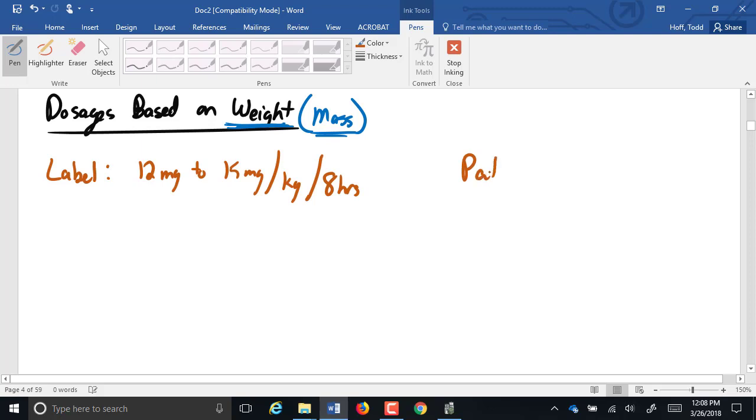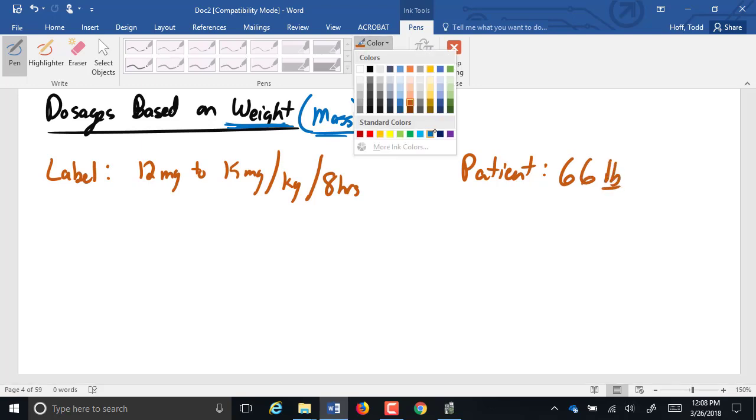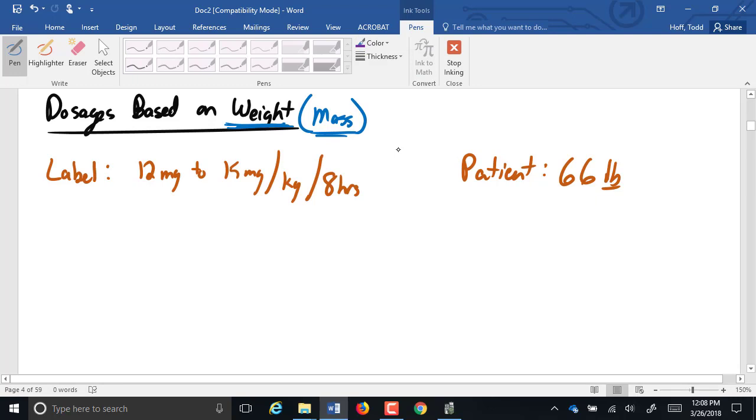And we have a patient that comes in weighing 66 pounds. And we want to know how much to administer to that patient. Well, the first thing we have to do is convert our patient into kilograms. That's going to be by dividing by 2.2. That gives us that our patient is 30 kilograms in mass.